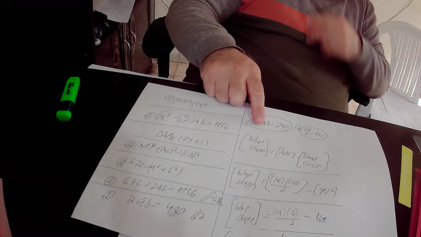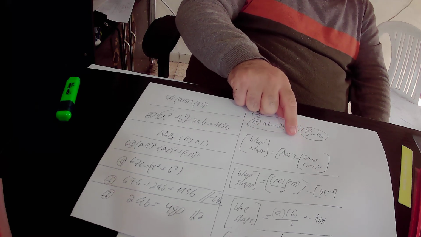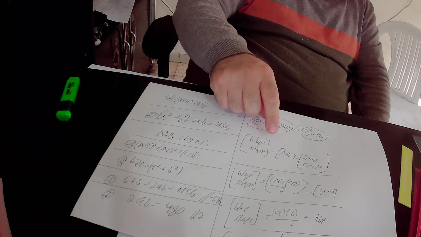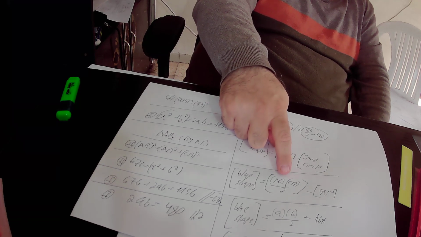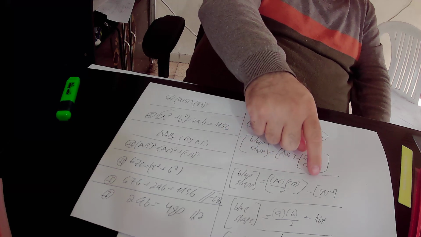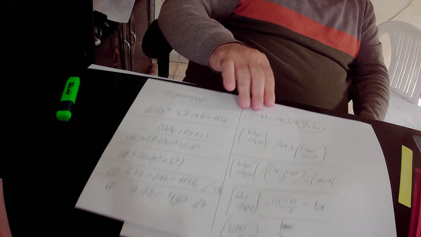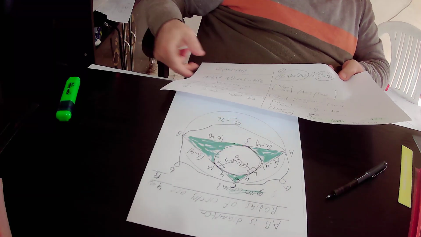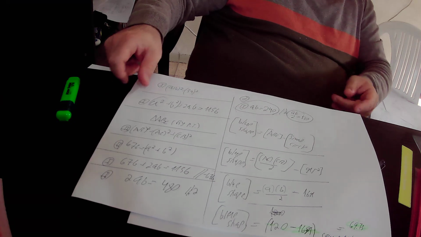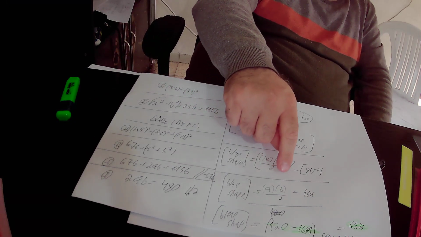I'll repeat again, the area of the blue shape equals the area of triangle ABC minus the area of the small circle. The area of triangle ABC equals the base AC times the height CB over 2, minus the area of the small circle, that is pi r squared. AC equals A, BC equals B. Therefore, the area of triangle ABC equals A times B over 2.